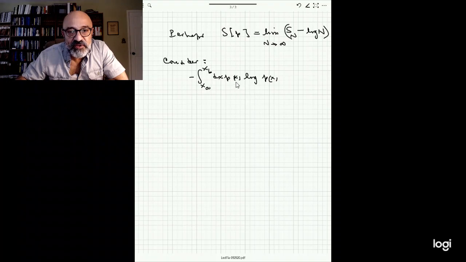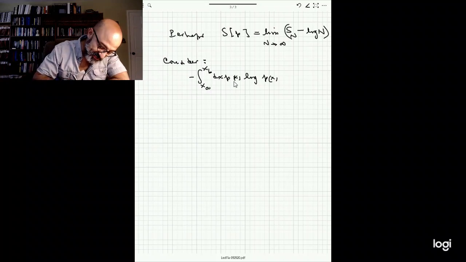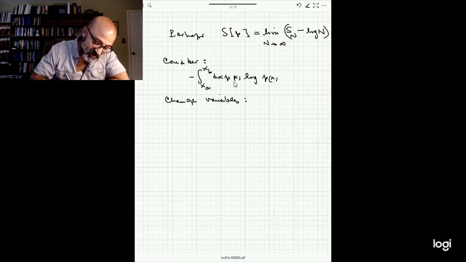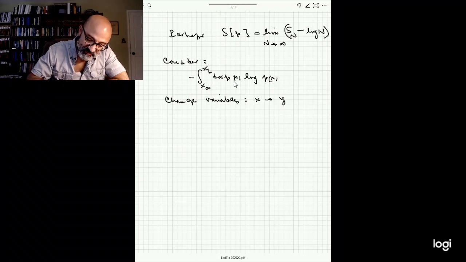What happens when you change variables? Suppose you change variables from x to a variable y, which is some function of the x.